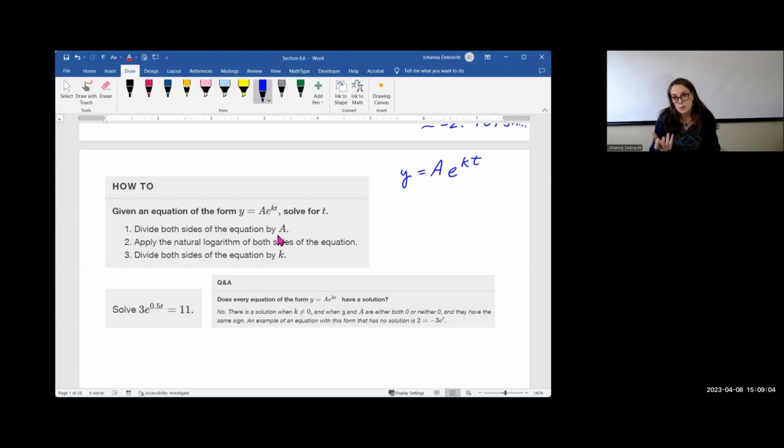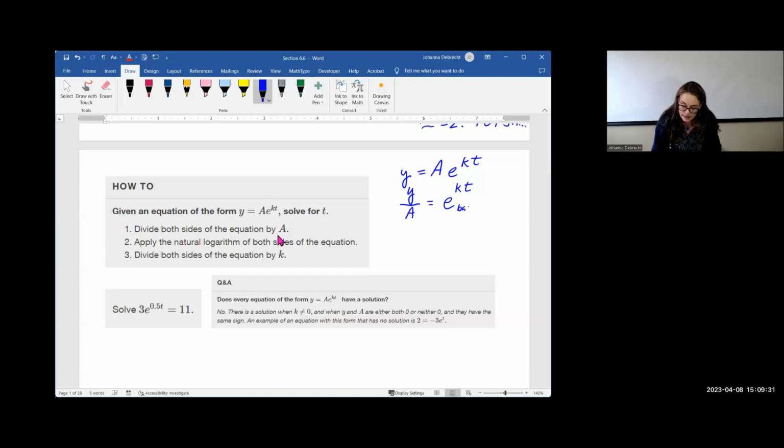I can also switch forms and go to logarithmic form. If I go to logarithmic form, then I need to move the a first so that I've isolated the exponential. So one option is to take y, divide by a, and have this equal e to the kt. Then once I have this, I can switch forms.